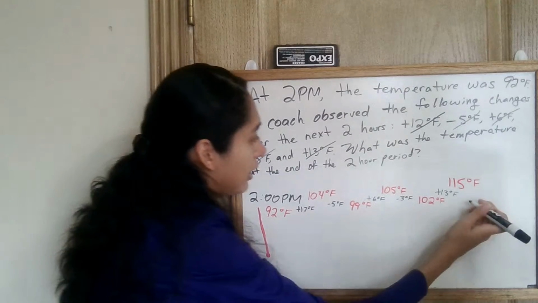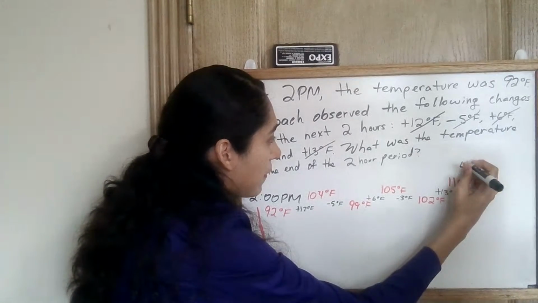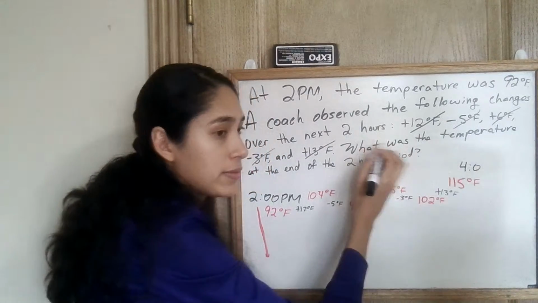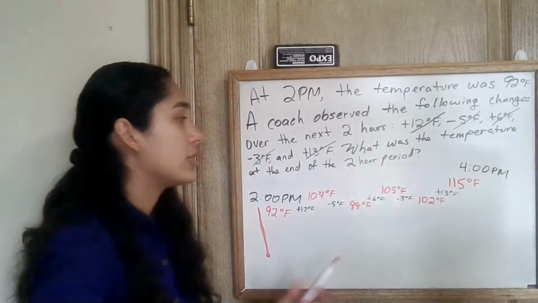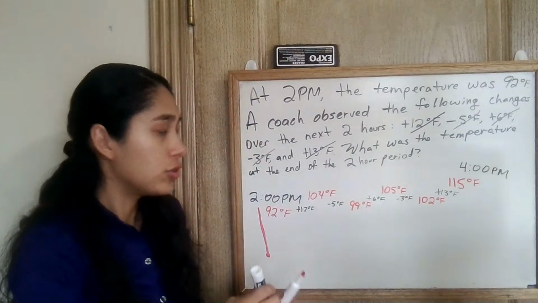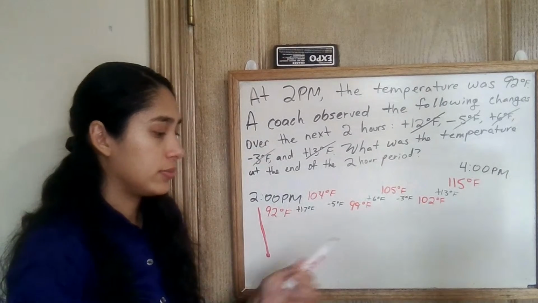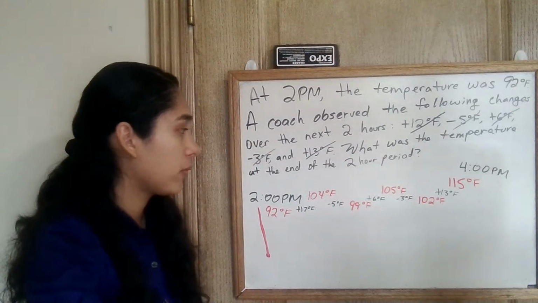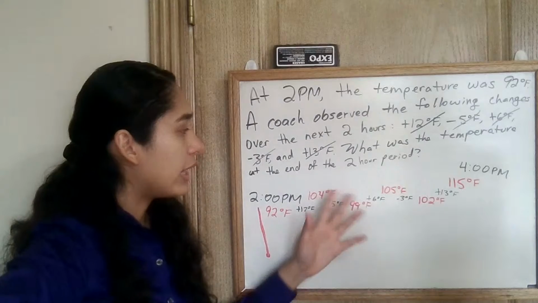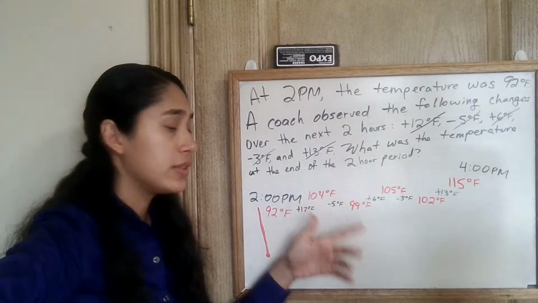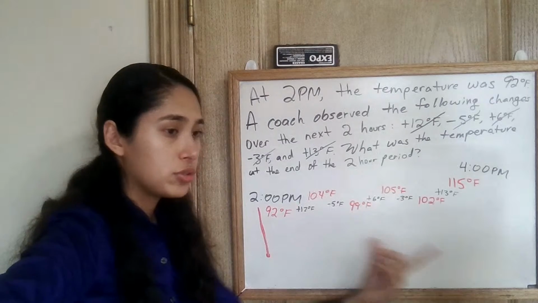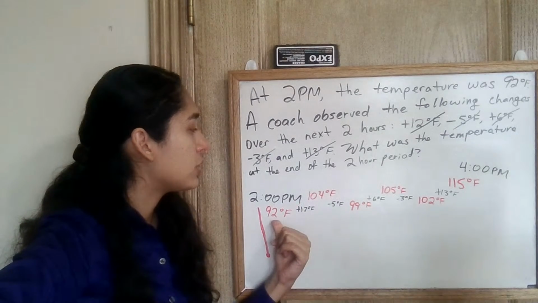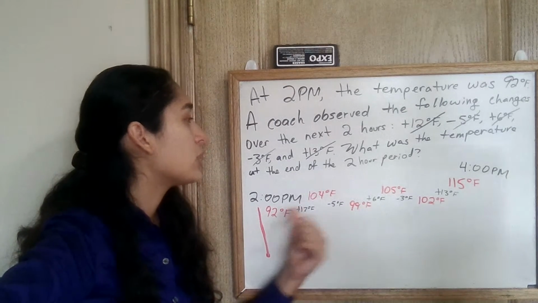So finally, at 4 p.m., as I said 2 hours later, the temperature is now 115. So using this information, the way that I did it in multiple steps individually, I'm able to see that the lowest it ever was in this 2-hour period was 92 degrees, and that the highest was 115.